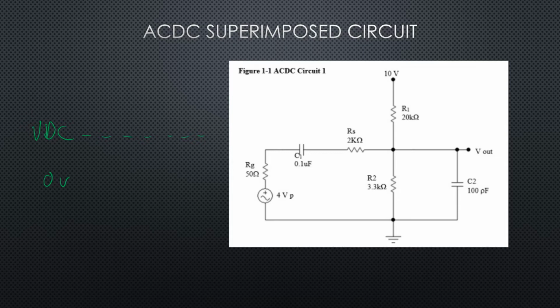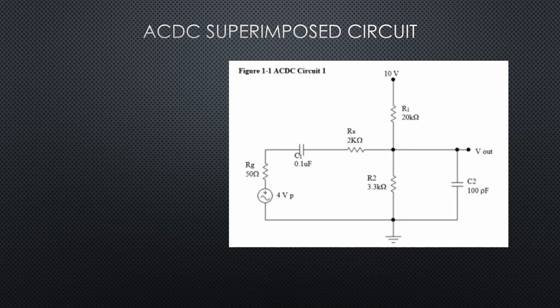The AC signal is going to be superimposed or ride right on that DC. The center part of the AC is going to be right through that DC. So we've got our 0 volts down here. Our waveform is going to be offset by that DC that's present at the circuit.